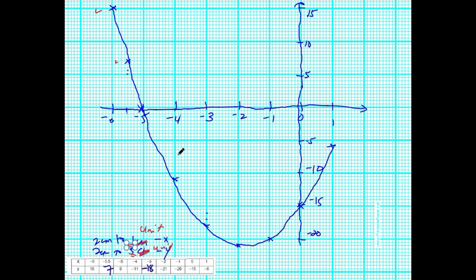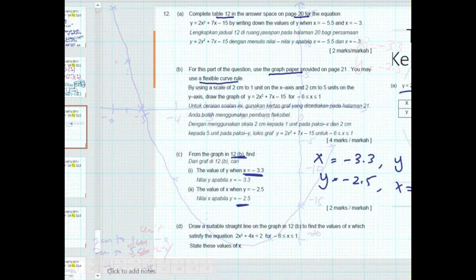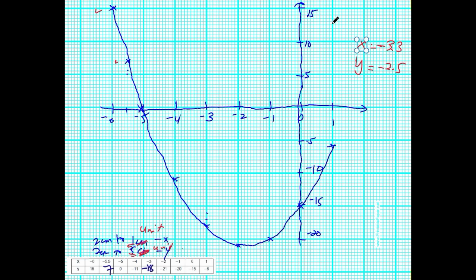So we can take it from the graph. So x is equal to negative 3.3. So 0.3, 1, 2, 3, which is here, negative 3.3.